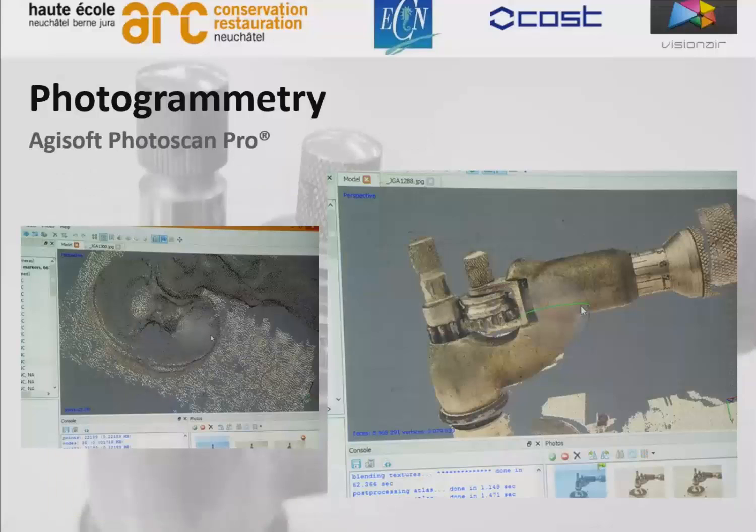And here the result is a partial result because we didn't make the reconstruction with every picture, because it took too long. But just to show, it's really interesting to see all the surfaces. The rendering of the surface is good, and we really see all these marks, the gears. Here we see some oil in the gears. That's really good. But the problem here is with the shiny surfaces.